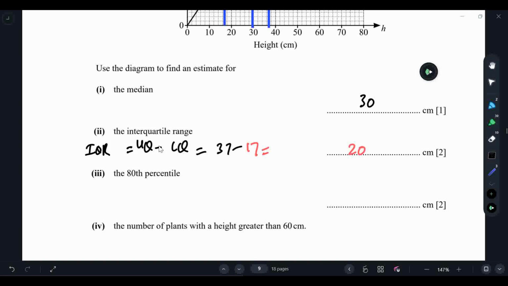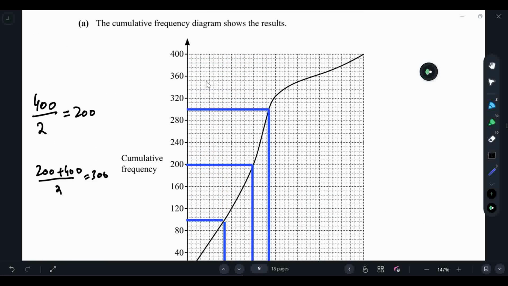Let's move to the next part, the 80th percentile. The highest cumulative frequency is 400, and we need to find 80 percent of this. So this will be 80 over 100 multiplied by 400, and the answer will be 320. We have to see the corresponding value at 320.